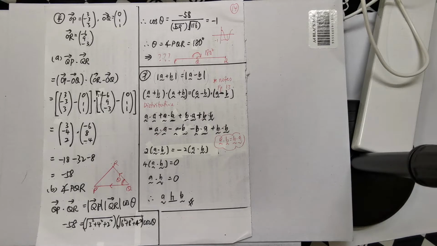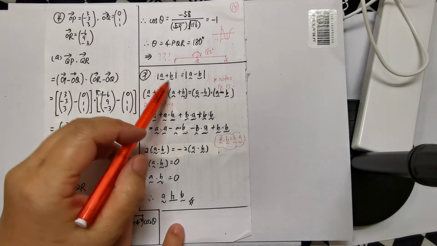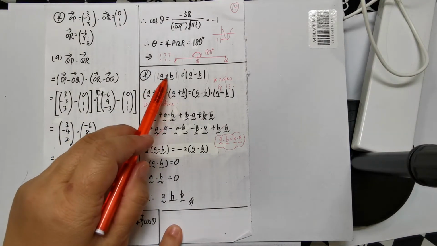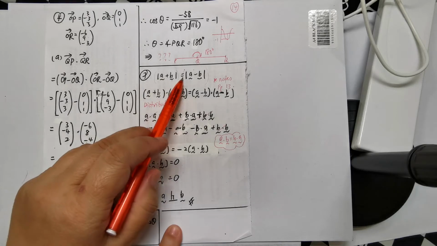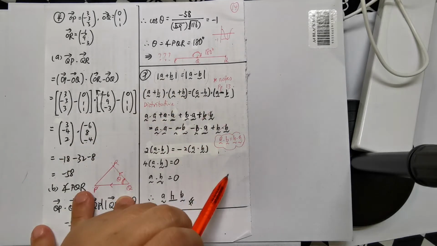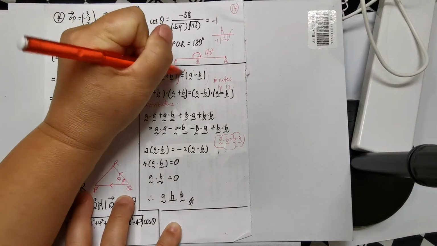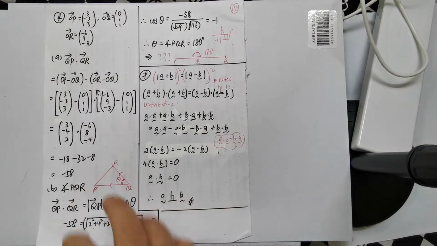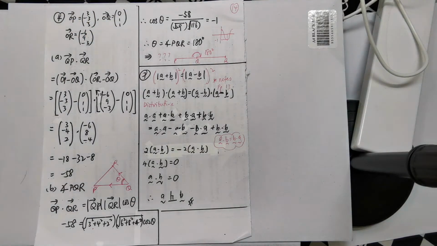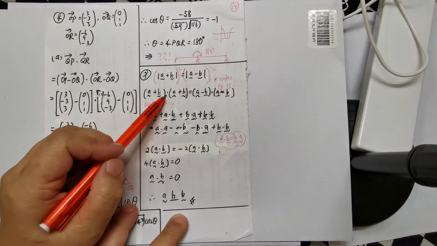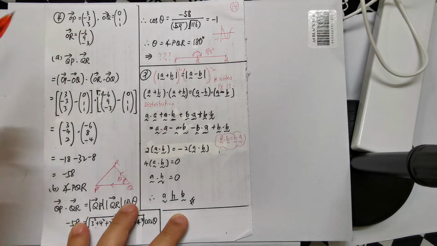Okay, how to get A dot B equals 0? There is only one piece of information given to us. This one. Modulus of A plus B same as modulus of A minus B. So the next step is I'm going to square both sides. Can, right? Squaring both sides means modulus A plus B dot modulus A plus B. Remember this concept?